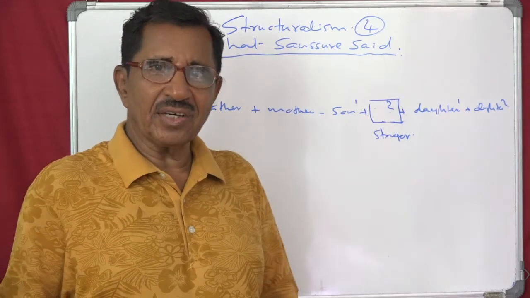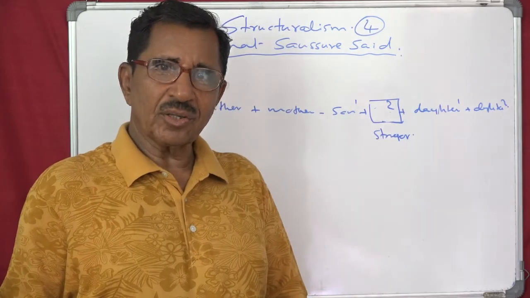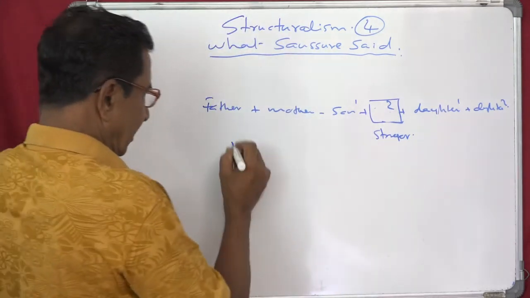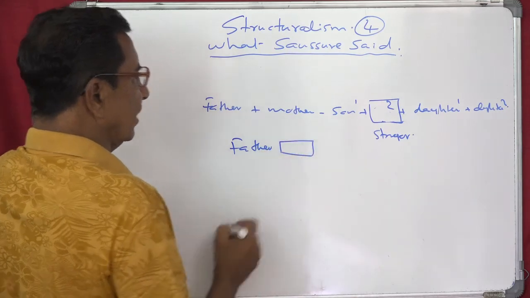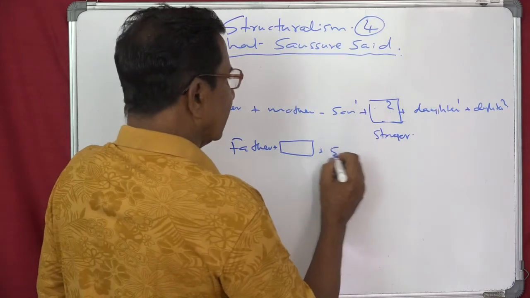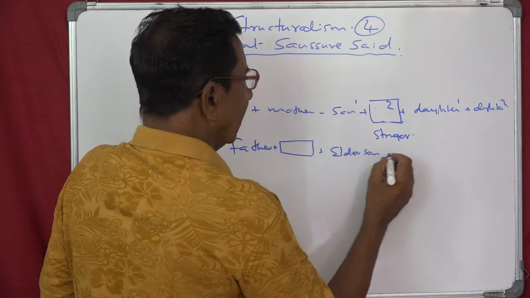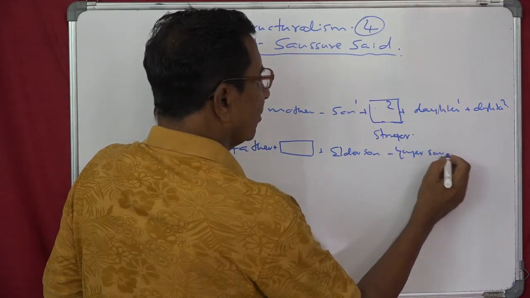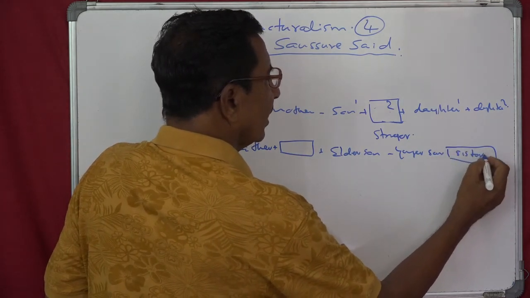Now if you want to take another very simple example, the story of the prodigal son. There you have father; mother is not mentioned there, so leave it. Then you can see elder son, younger son, no sister here, in that story.